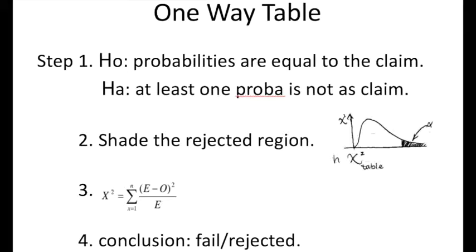Step 2: shade the rejected region. The shape is always on the right, and we find the value of the chi-square table. Step 3: calculate the chi-square count. And step 4: draw the conclusion.